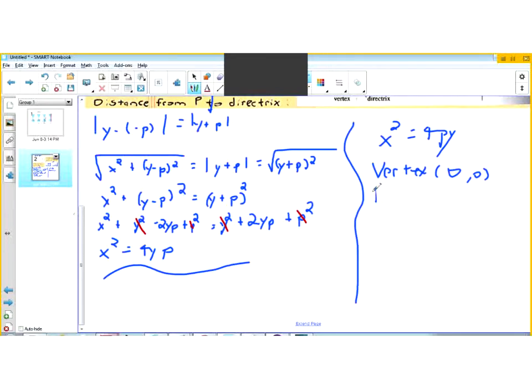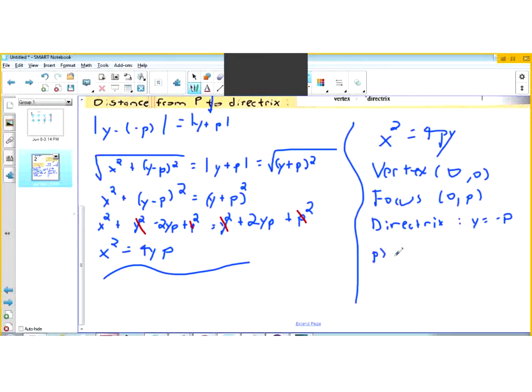It has a focus at the point (0, p), and it has a directrix, the line y equals minus p.